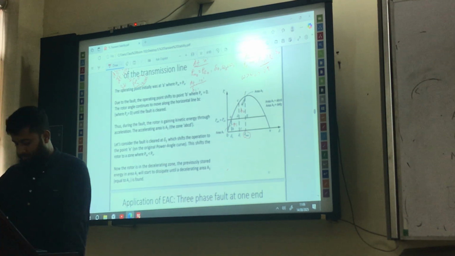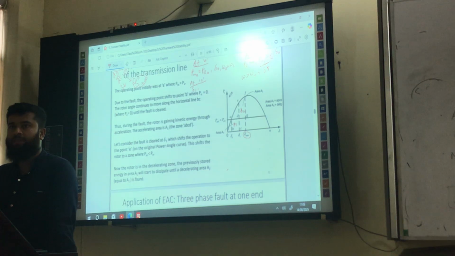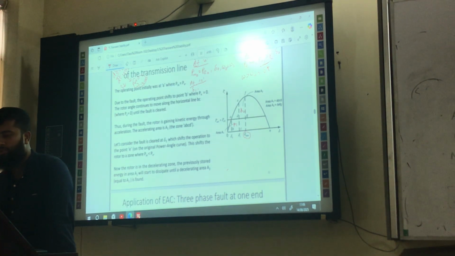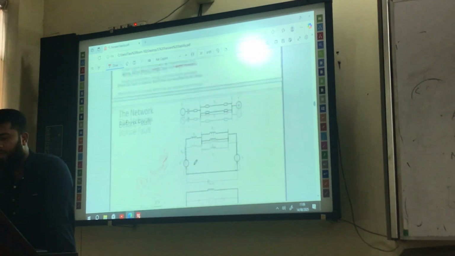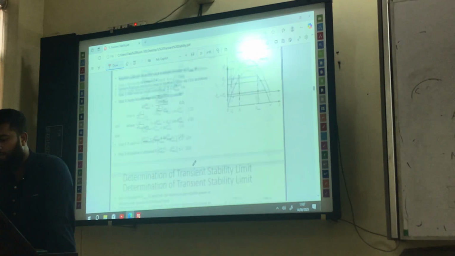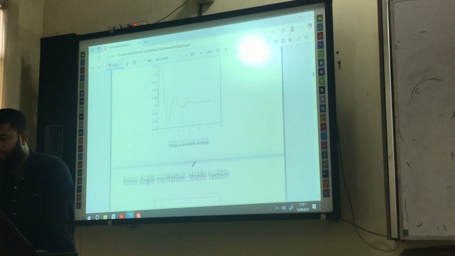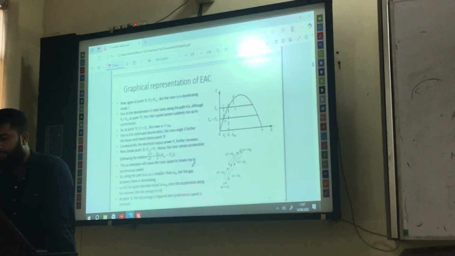In the last concept we determined the transient stability limit, right? At that time, what did we do? Let's say this was the case.